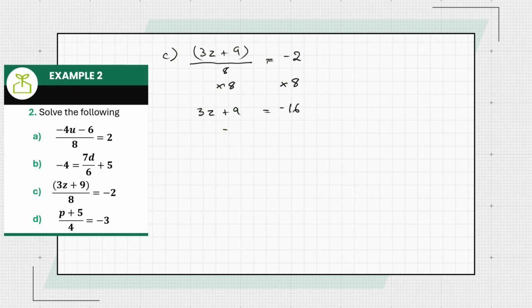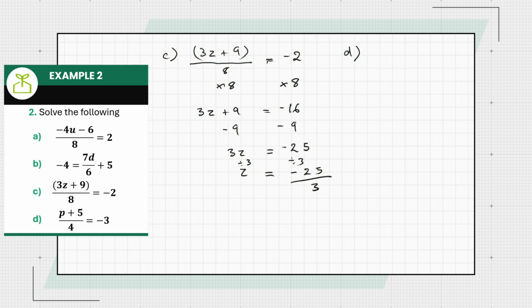To get rid of the 9, we take away 9 from both sides, and we're left with 3z is equal to negative 25. Now we're going to divide both sides by 3, and we're left with z is equal to negative 25 over 3.